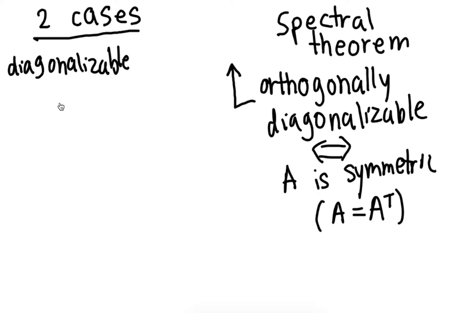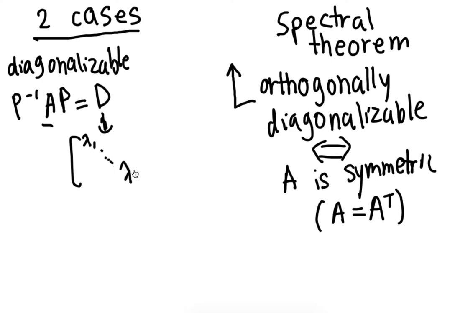The important distinction here is that diagonalizability is defined by this equation, in which you have the original matrix A, a matrix D, which has its eigenvalues on the diagonal, and a matrix P, which has to be invertible, because the equation is P inverse A P equals D. All it means when a matrix is diagonalizable is that there is an invertible matrix P, in which you take each of the eigenvalues and solve for the eigenspace or the eigenvectors.